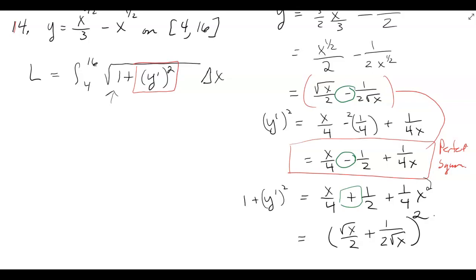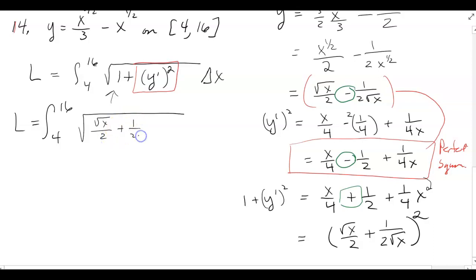When I put it back, I have 1 plus y prime squared is equal to square root of x over 2 plus 1 over 2 radical x, squared. Sorry, I don't know why I wrote 1/2.